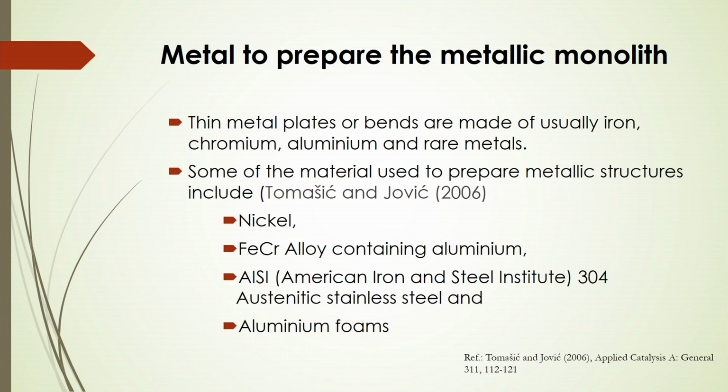Some of the materials used to prepare metallic structures include nickel, iron or chromium alloy that may contain aluminum, and even other materials like iron and steel composite material, that is called AISI, American Iron and Steel Institute, marked as AISI 304, and aluminum foams can also be used to make these metallic monoliths.